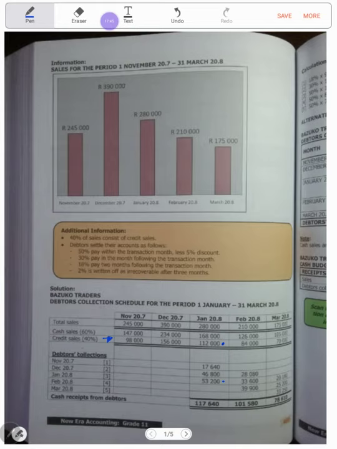All right, now we're moving on to the following month. Credit sales in January was 112,000. We are then going to multiply 30% in order to get what we will be receiving a month following that transaction.